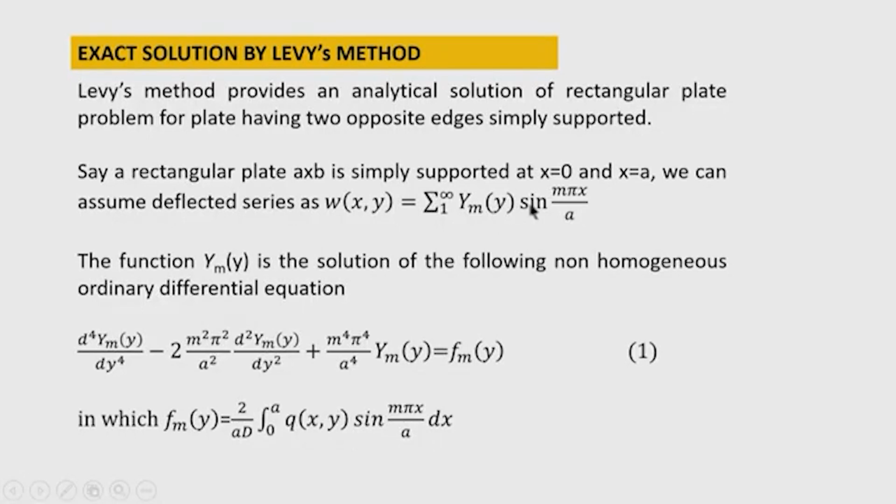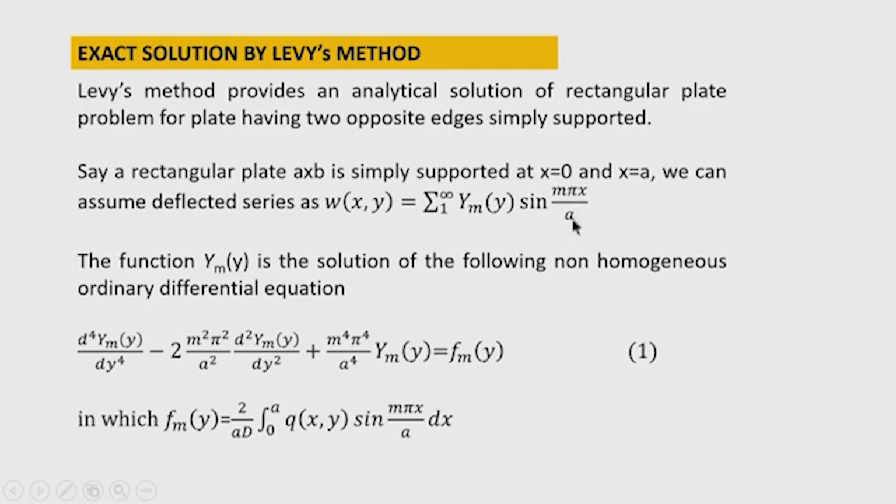The most fundamental thing in Levy's method is that the deflection is assumed as a single sine series. The summation extends from 1 to infinity, and the deflected surface is taken as a function of y multiplied by a sine function, sin(m pi x by a).